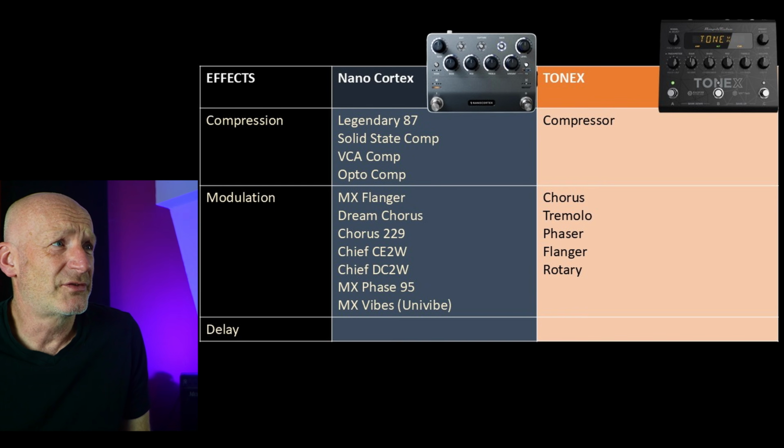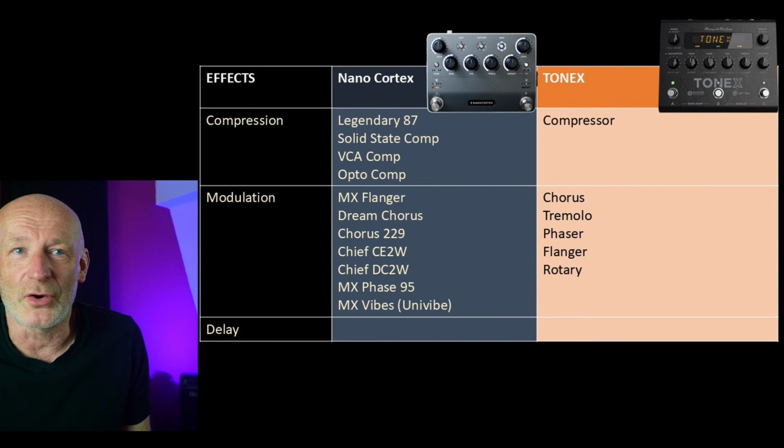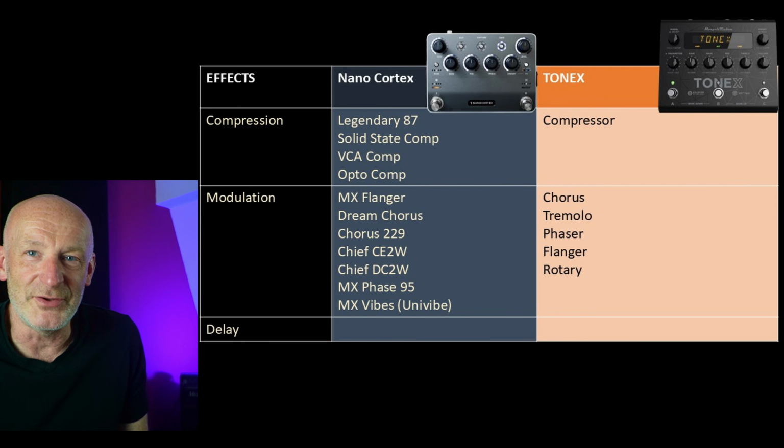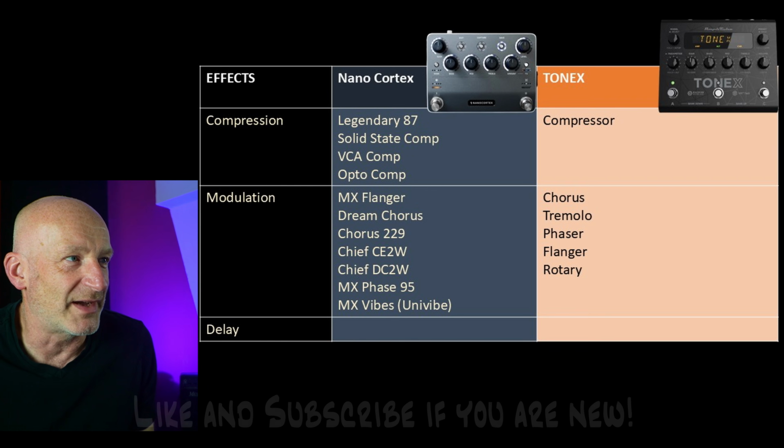Modulation, now here's where it really starts to get interesting, because the TONEX, yes, it's got chorus, tremolo, phaser, flanger, and a rotary, and they are all really good sounding. I really like them, especially the chorus. I love that chorus. However, the Nano has got 1, 2, 3, 4, 5, 6, 7 different modulation effects.